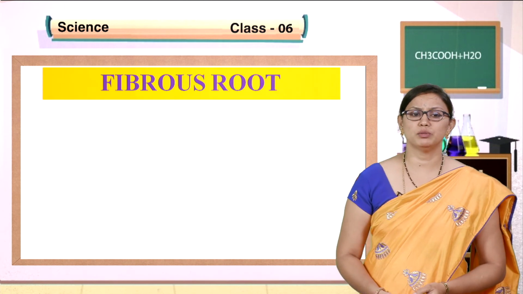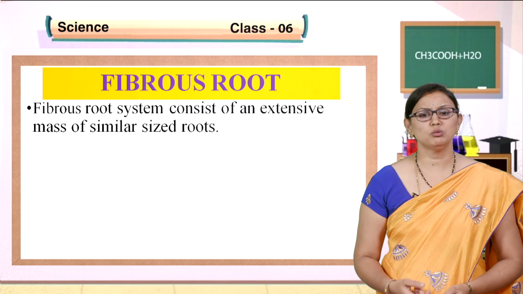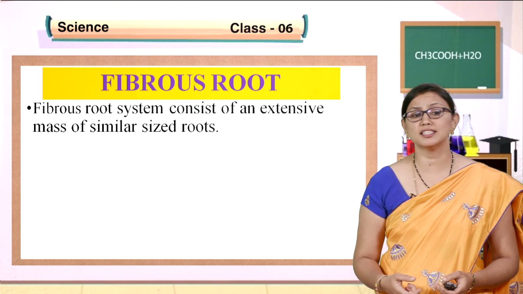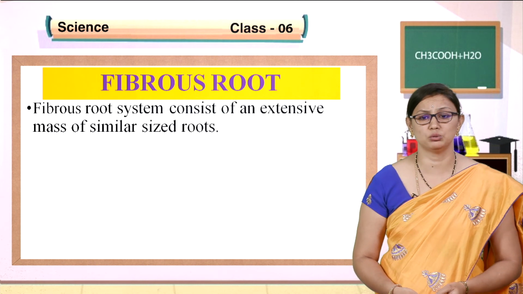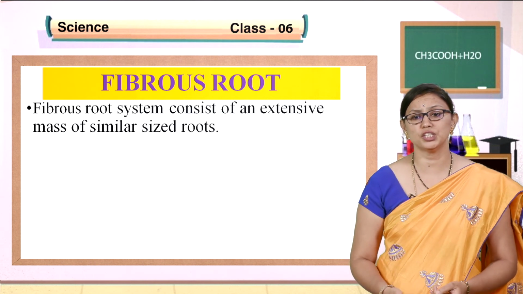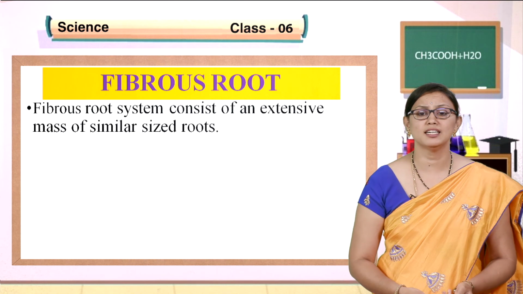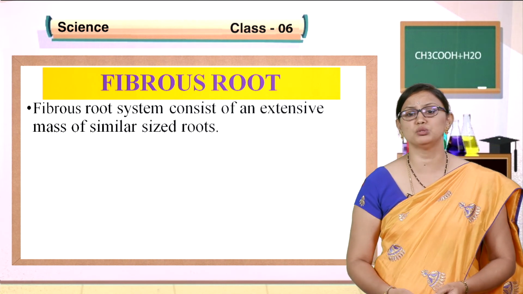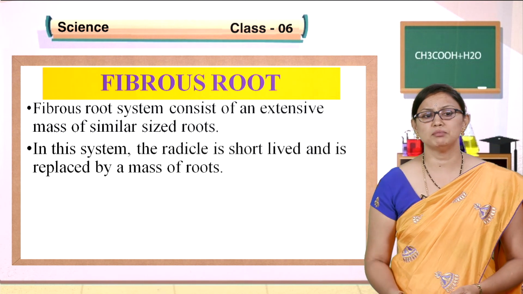Now we'll go with the fibrous root. What are fibrous roots, children? The fibrous root system consists of an extensive mass of similar size roots. So you don't differentiate between the lateral roots and primary roots as in the taproot. It is a cluster of roots which you observe in the fibrous roots.